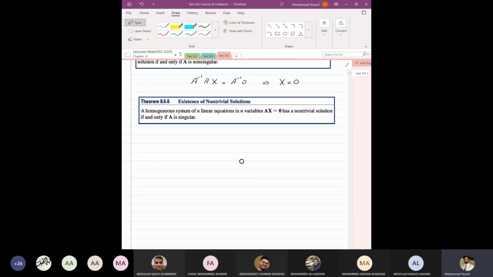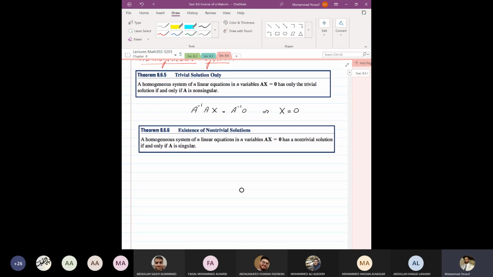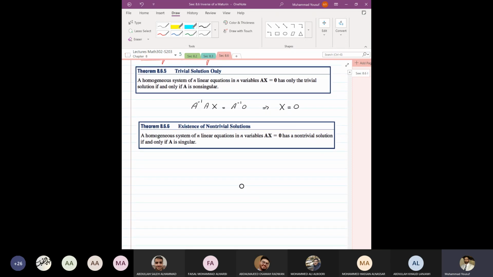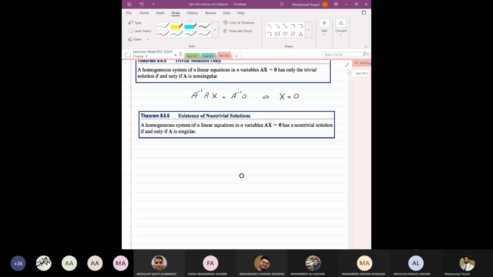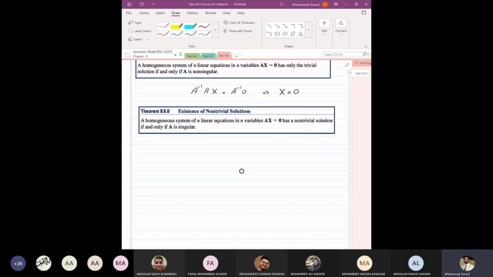A homogeneous system of n linear equations in n variables has a non-trivial solution if and only if A is singular. Non-singular, trivial solution. Singular, non-trivial solution.